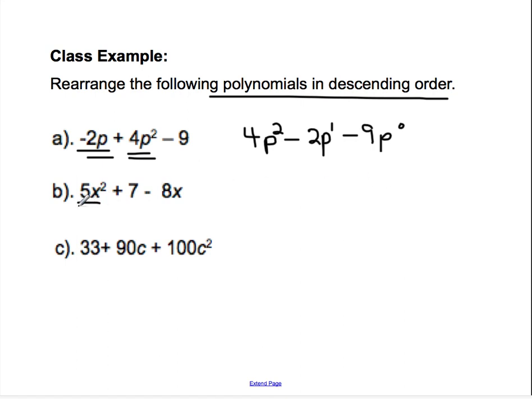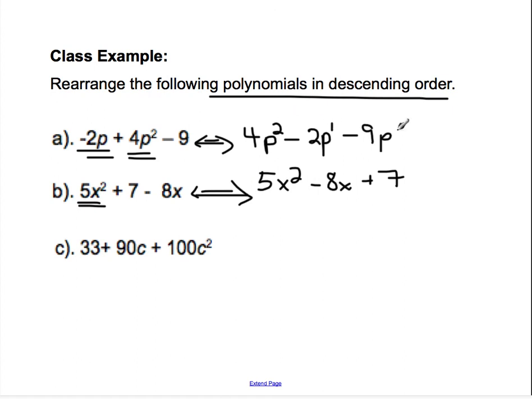So same thing here, 5x squared minus 8x plus 7. So these two are equivalent polynomials. These two are equivalent.